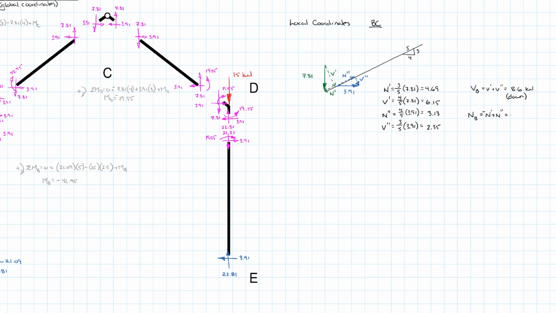If we sum those up, we get a value of negative 1.56, which means it's actually going to the left, so I'll note that as left. I'm going to get rid of my negative sign by noting that it is to the left, or tension, if you will. So really we just have to repeat that process for the member CD. So let's get on about that.